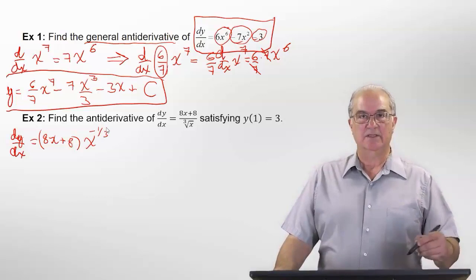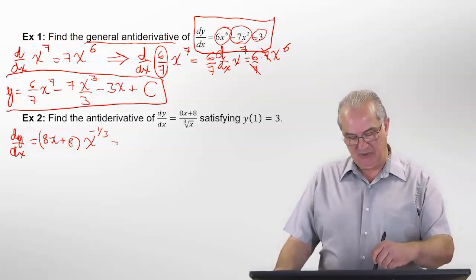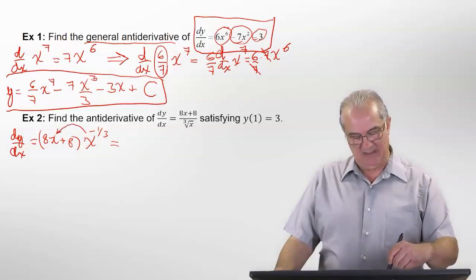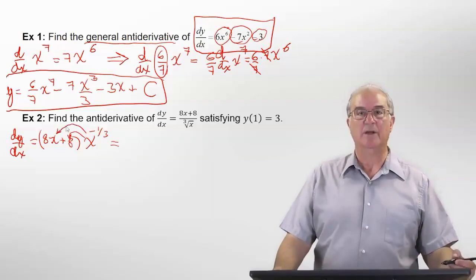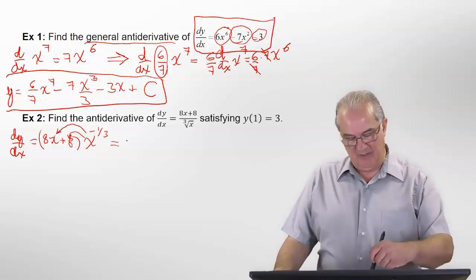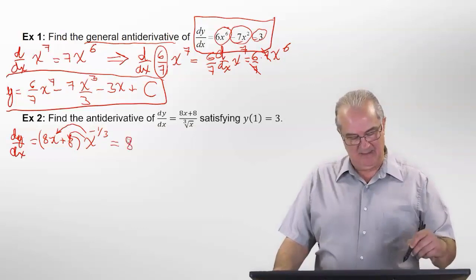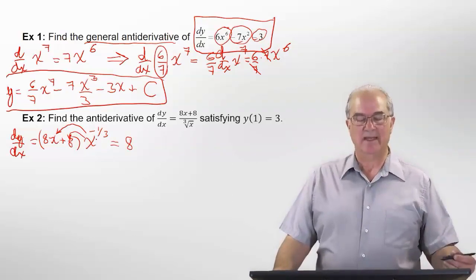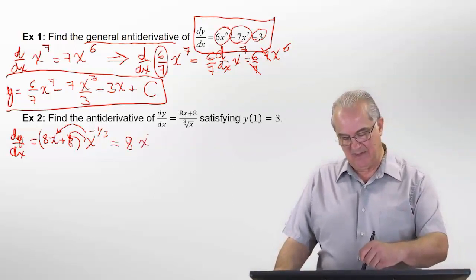And now we can use the distributive law of multiplication with respect to addition and distribute the x to the power minus 1/3 over the two terms in the parentheses. And so we obtain 8 times x to the power 1 times x to the power minus 1/3. That's x to the power 2/3.